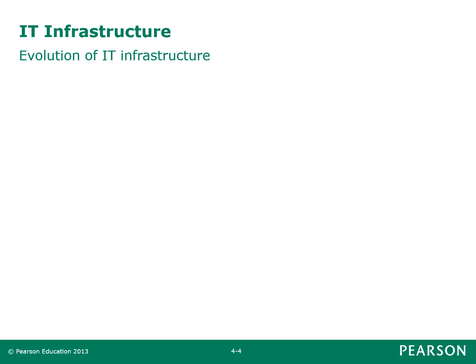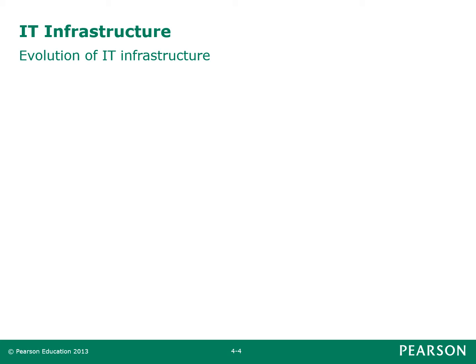Now we will learn the evolution of IT infrastructure over time. It's very important to learn this because nowadays we can see in the system landscape of an organization different computer structures from different eras.